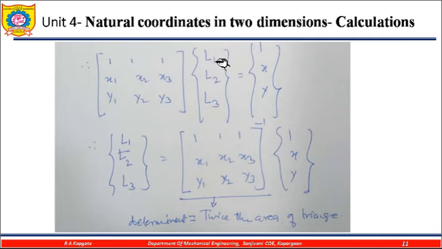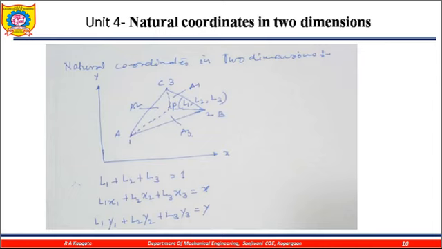For that, L1, L2 and L3 are the unknowns, written as a column matrix. Then the remaining terms are written here: only 1 here and only 1 here, the remaining terms are x1, x2, x3, and y1, y2 and y3.